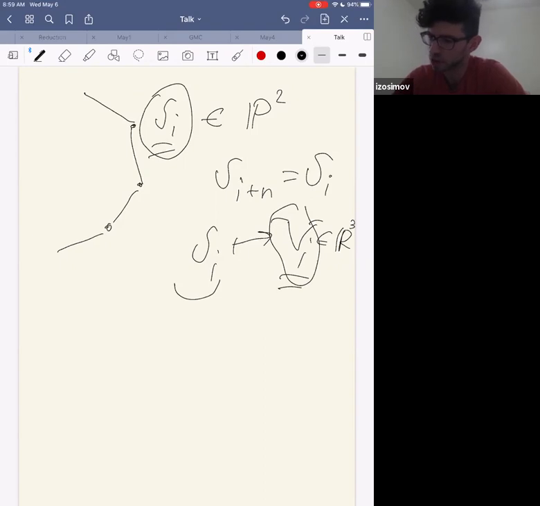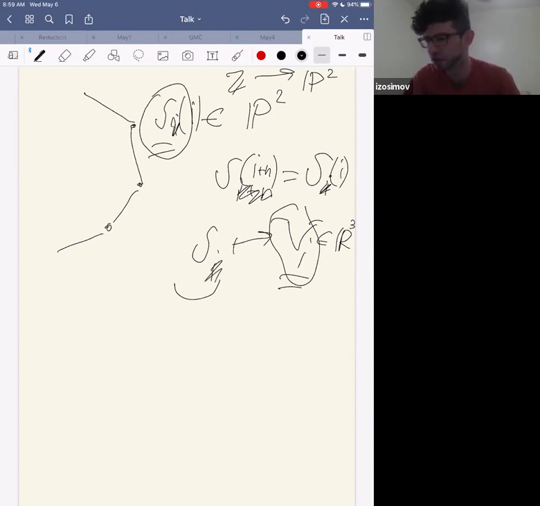Actually, instead of using subindices, I'll write this as functions. So we are thinking about functions from Z to P2. This will be a little bit more convenient notation. And then here we get a function from Z to R3, so we get this sequence of vectors.